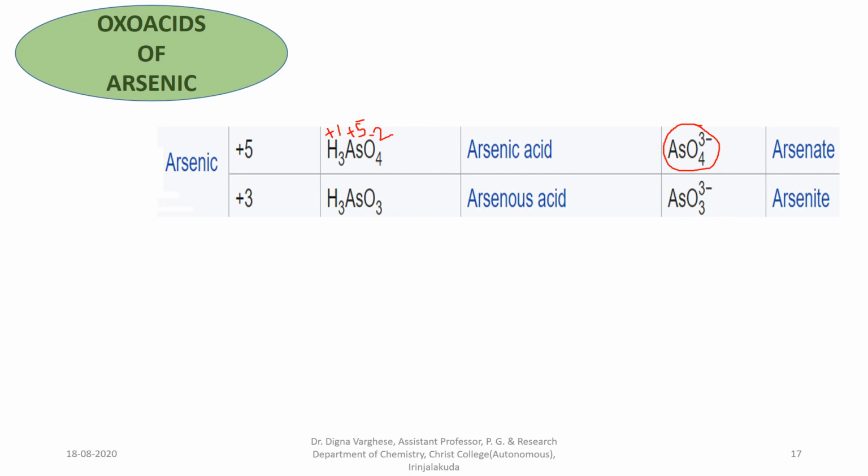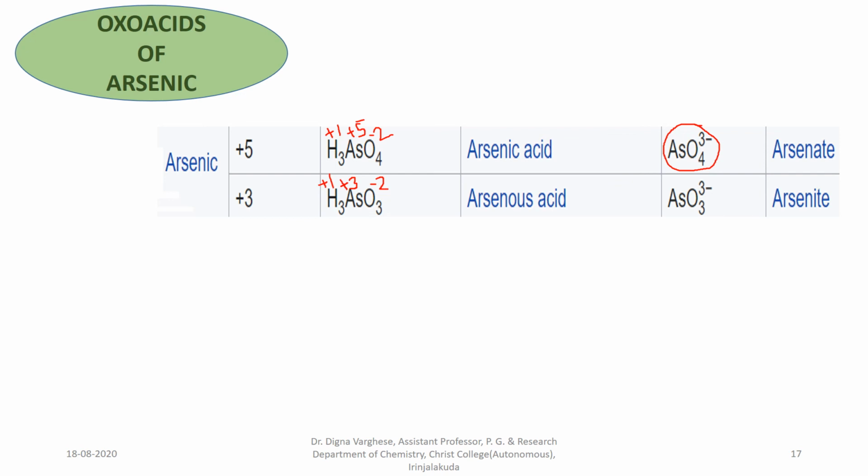Arsenous acid has the molecular formula H3AsO3. Oxygen with -2 gives -6. Here +1 is the oxidation state of hydrogen, so -6 plus 3 is -3, so +3 is the oxidation state for arsenic.